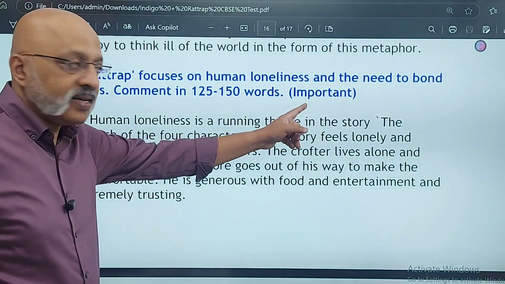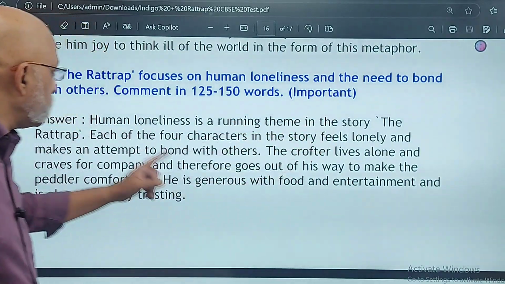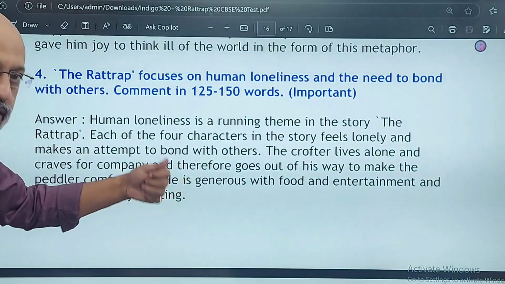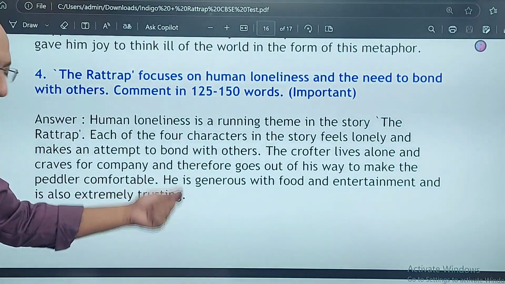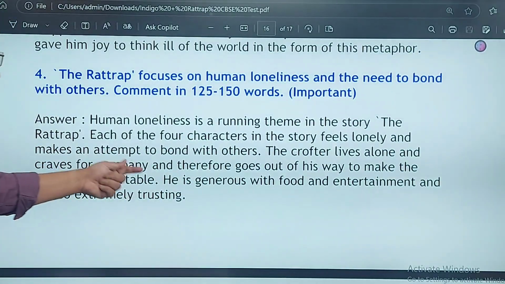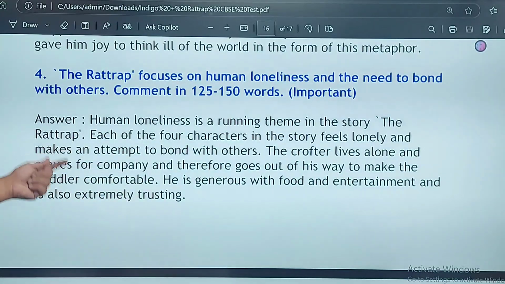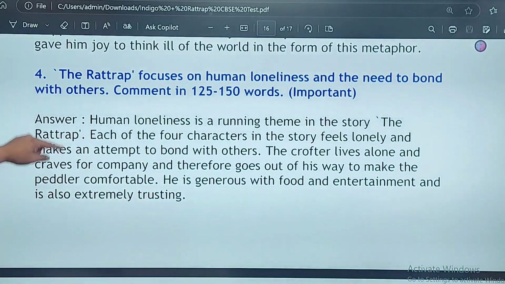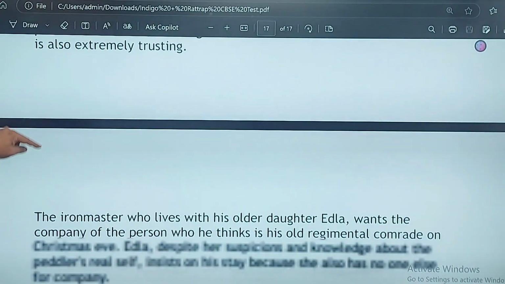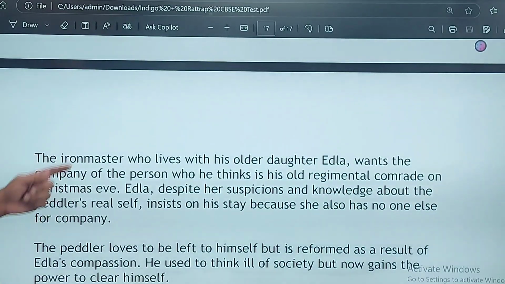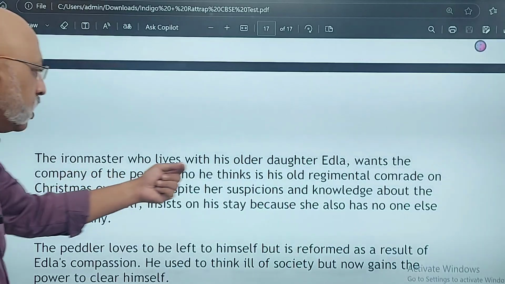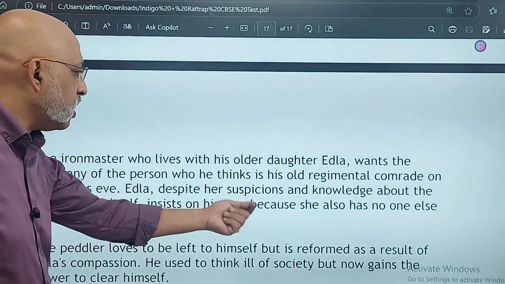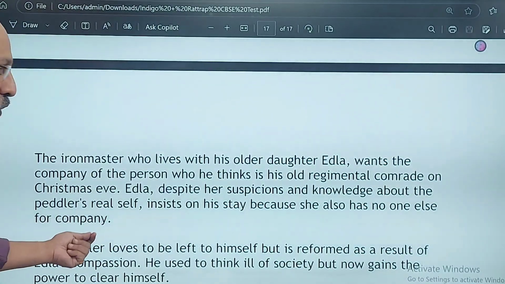What I told you, loneliness and the need for companionship, I have written here. It's a running theme in the story. Each of the four characters, the crofter, Edla, the ironmaster, and the peddler, all feel lonely and make an attempt to bond with others. The crofter lives alone and craves company, and therefore, so you have to give it with the help of examples, right? So you're first talking about the crofter, then you talk about the ironmaster who lives with his daughter, but even so, despite her suspicions and knowledge about the peddler's real self, Edla insists on his stay because she also has no one else for company.